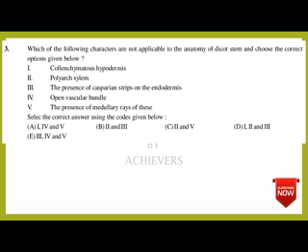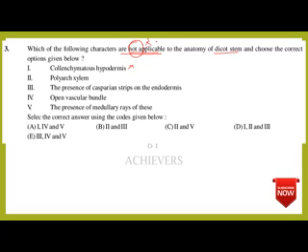Which of the following characters are not applicable to the anatomy of dicot stem? Choose the correct option given below. The key point is which are not applicable, so keep that in mind. Collenchymatous hypodermis is present in dicot stem, so this is applicable.